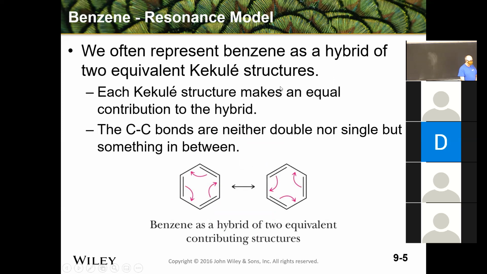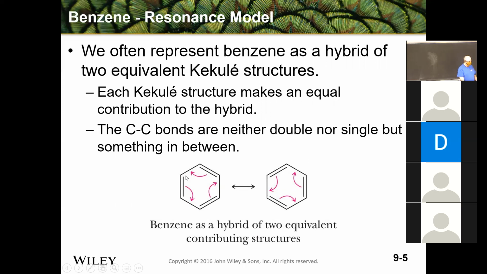Right, we often represent benzene as a hybrid of 2 Kekulé structures, especially when we're looking at reaction mechanisms. Okay, each Kekulé structure makes an equal contribution to the hybrid. The CC bonds are neither double bonds nor single bonds, but something in between.